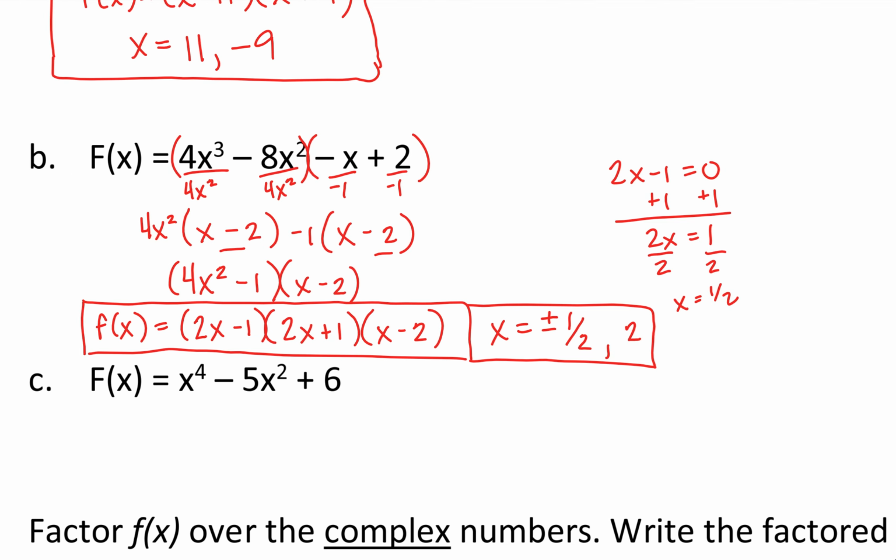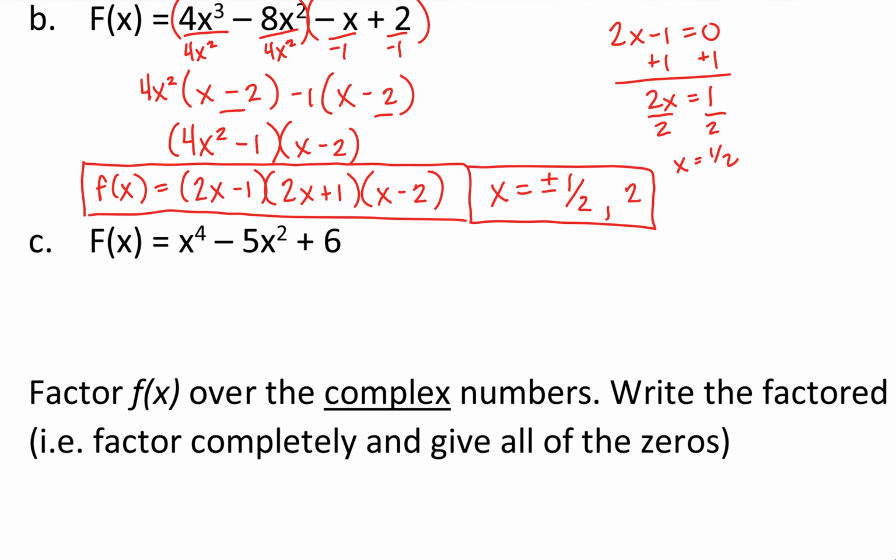All right, so part C, x to the power of 4. This one is just going to be kind of like the previous ones. I just know that I'm going to have x squareds inside my factors. So I just have to figure out what times what is 6, but adds to be a -5. Factors of 6 are 6 and 1.